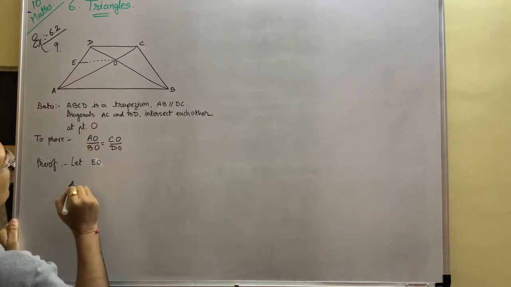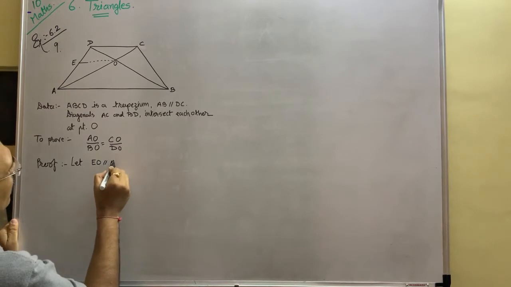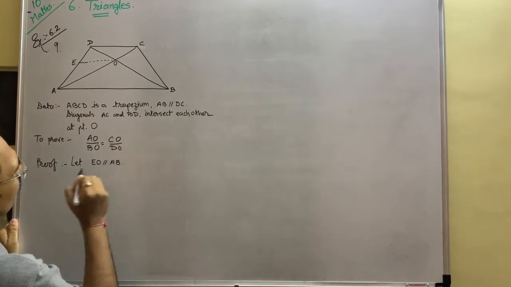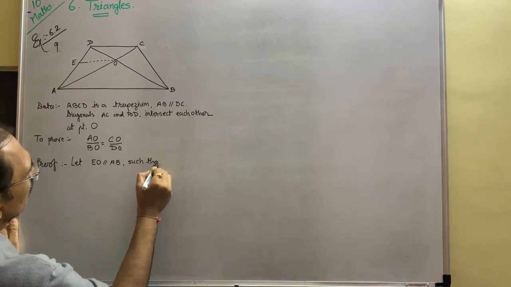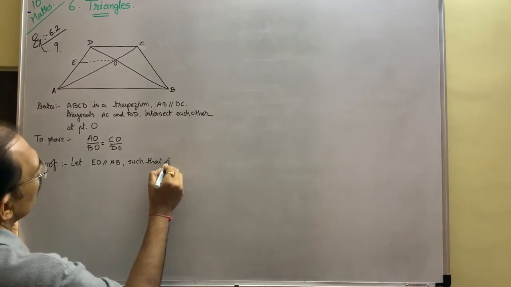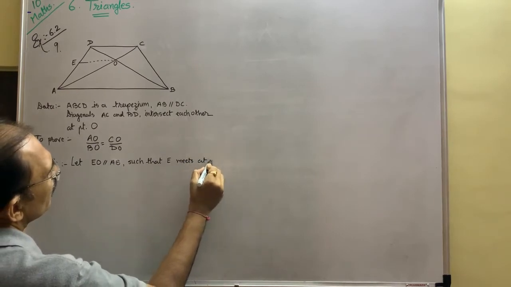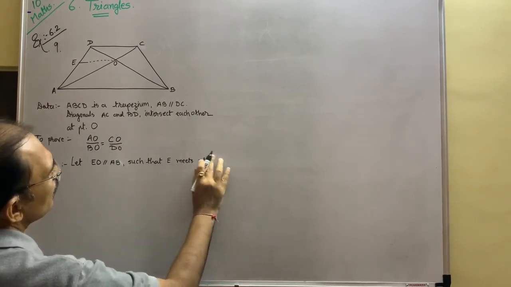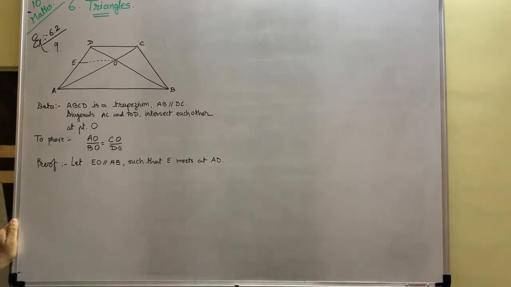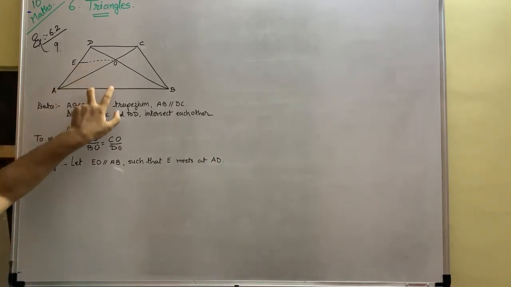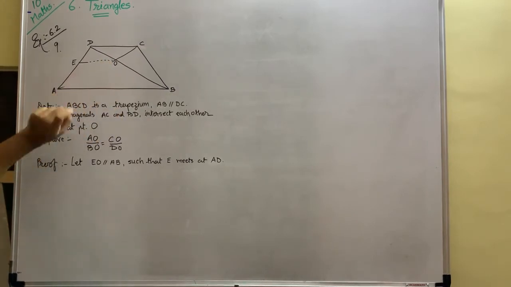let EO be parallel to AB, such that E meets AD, which means E intersects AD. EO is parallel to AB, so don't think about this for a while.